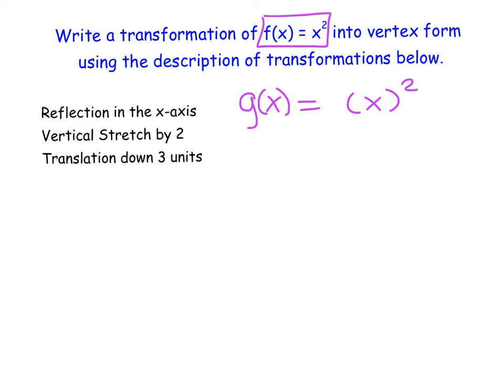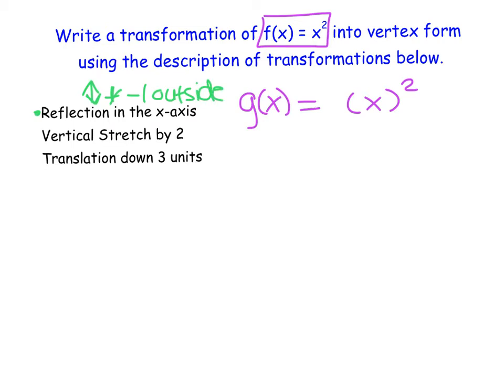So the first thing that we're asked to do is a reflection in the x-axis. So if we reflect on what we know about vertex form, we know that the x-axis is a vertical reflection. And as a result, this is going to be a multiplication on the outside of the parentheses of -1.